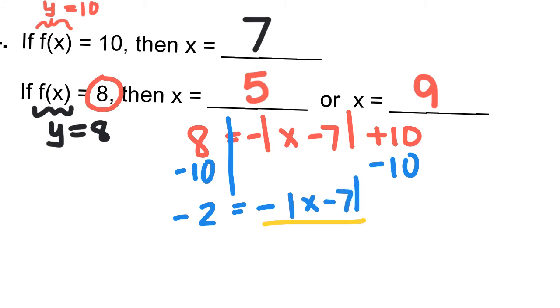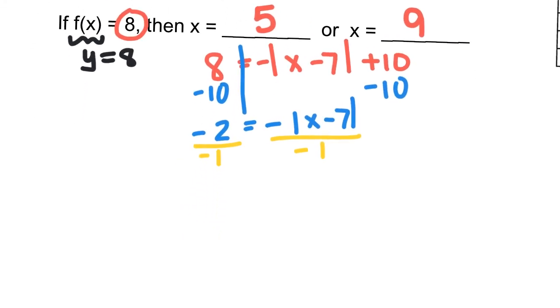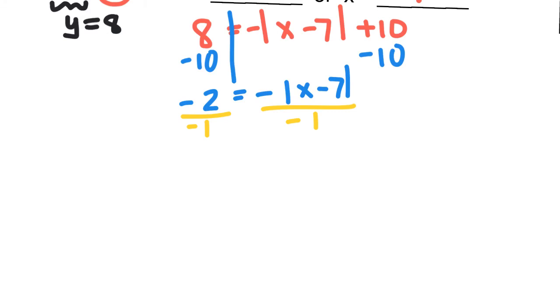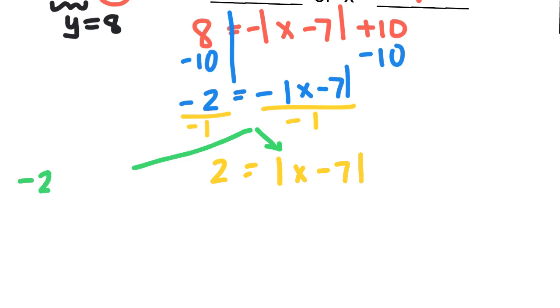And then we're going to divide by this negative 1 to further isolate the x. So we have a value of the absolute value of x minus 7 equals 2. However, the absolute value of x minus 7 can also equal negative 2. That's the nature of absolute value.